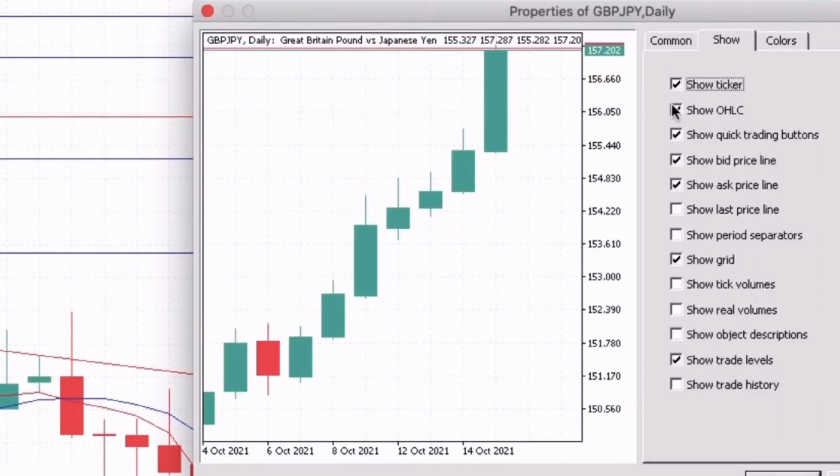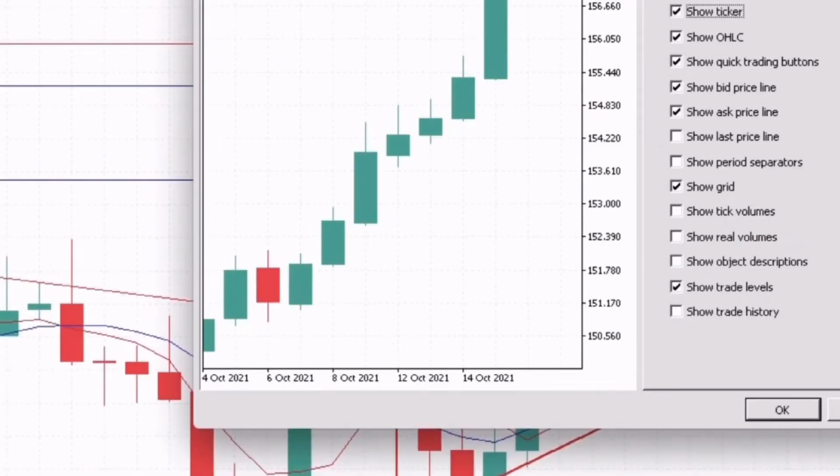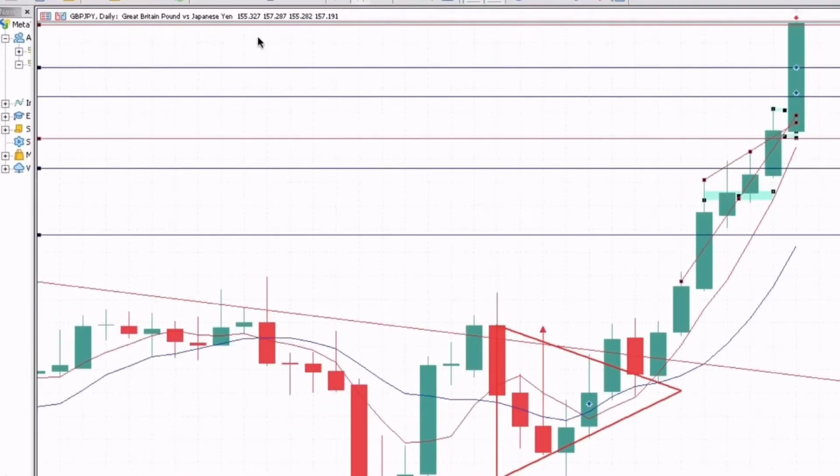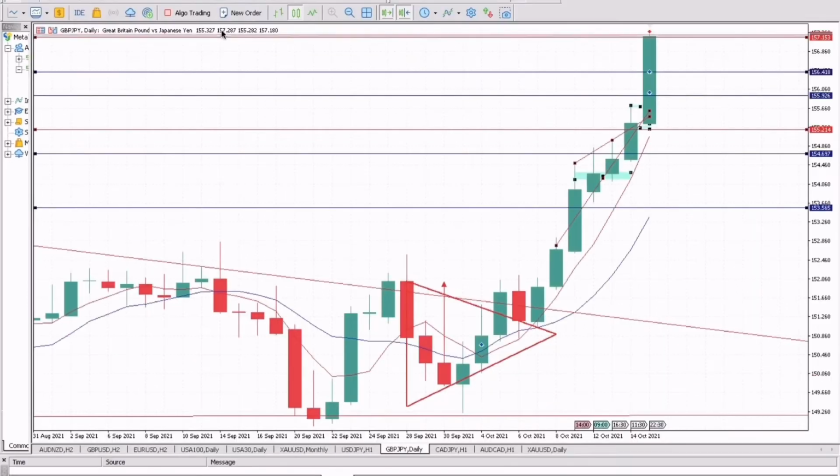OHLC. This OHLC stands for open, high, low, close. You activate that, and right here at the top, this is it: open, high, low, and close. That is what those numbers stand for.